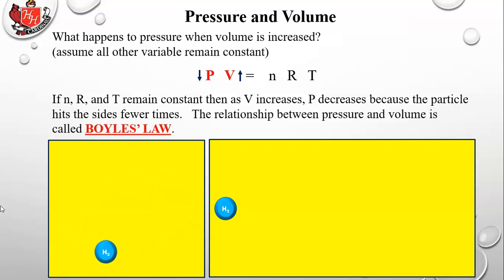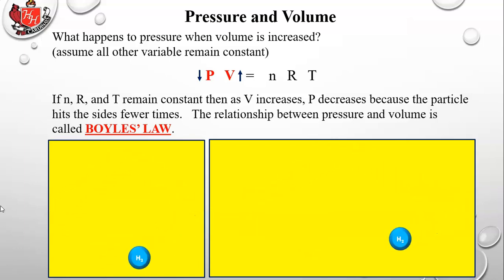Now we're going to take that same particle and put it in a larger container over there on the right. And so now the two particles are moving the same speed. They have the same temperature, that hasn't changed, and we haven't increased the number of particles. There's one particle, or you can think of it as 1 mole if you want, in each of those containers.